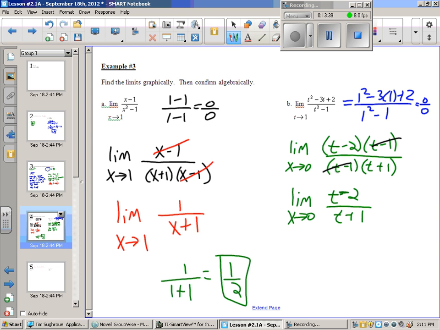Now when you plug 0 in, you get -2 over 1, which is -2 back out. Let's take a look at this one graphically and see if we really are approaching the value of -2 as x approaches 1 from both sides.